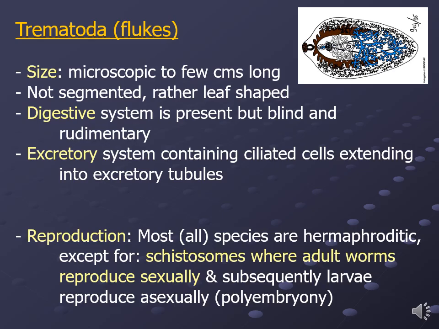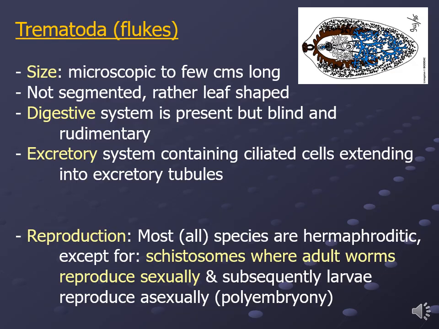You see, the tapeworms did not have a digestive system. So here, the flukes, they do have a digestive system, but it is blind, and it is colored in brown in this schematic drawing. And you notice that it has a mouth opening, okay, but there is no opening at the end, so it doesn't have an anus or an opening. Hence, it's a blind digestive system, all right.